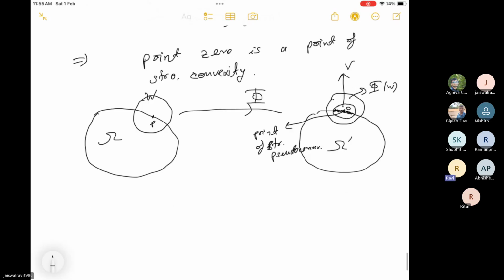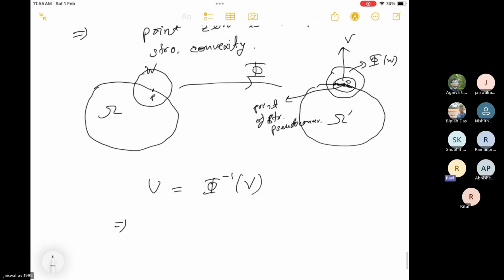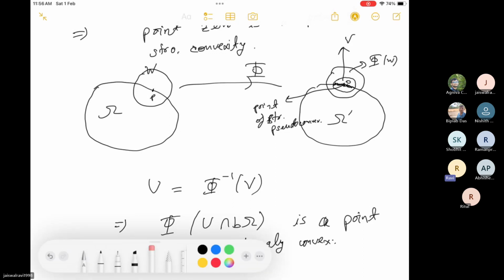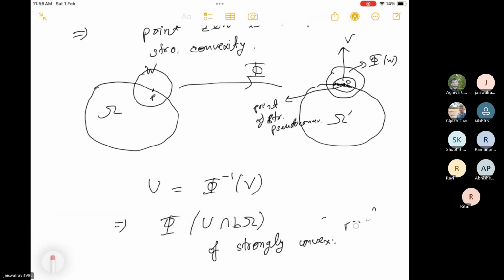So if you take U as phi inverse of V, then you can see that phi of U intersection boundary omega is strongly convex. So this will prove the theorem.